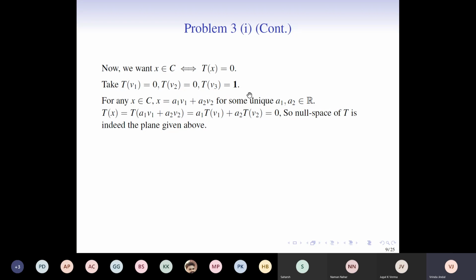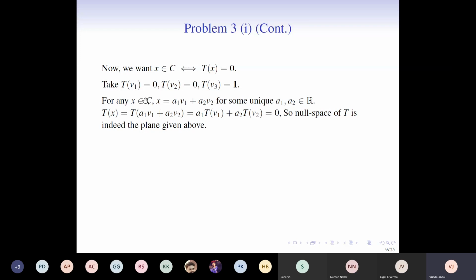So how does this help us? One thing to notice is that if we define T for a basis of R3, then we have basically given the complete definition of T. And how is that? Because any vector in R3 could be written as a linear combination of v1, v2 and v3, because v1, v2, v3 form the basis of R3.